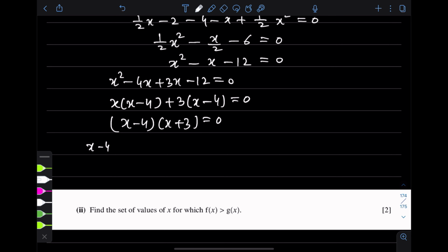x minus 4 is equal to 0, x is equal to 4, or x is equal to negative 3. These are the x coordinates of the point of intersection. We will find the y coordinates for each value of x.